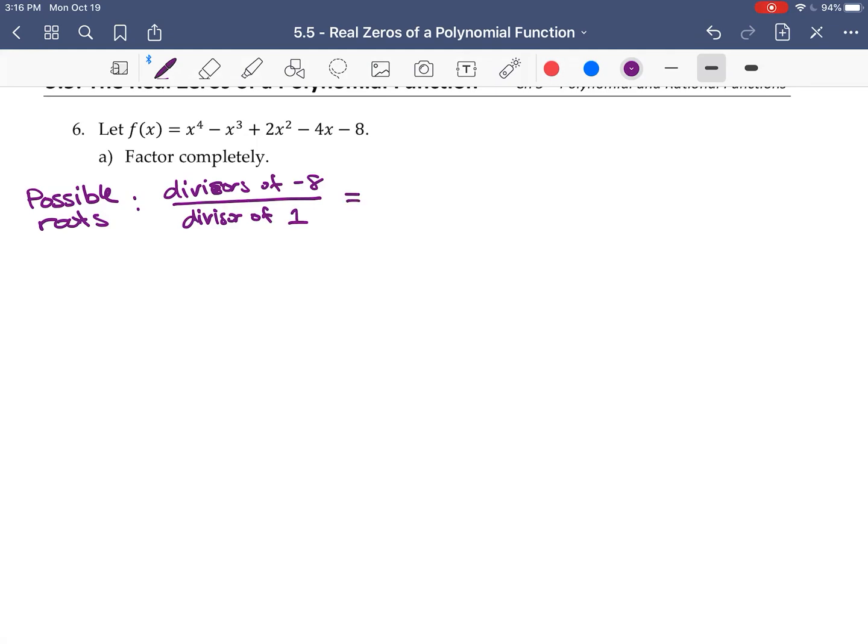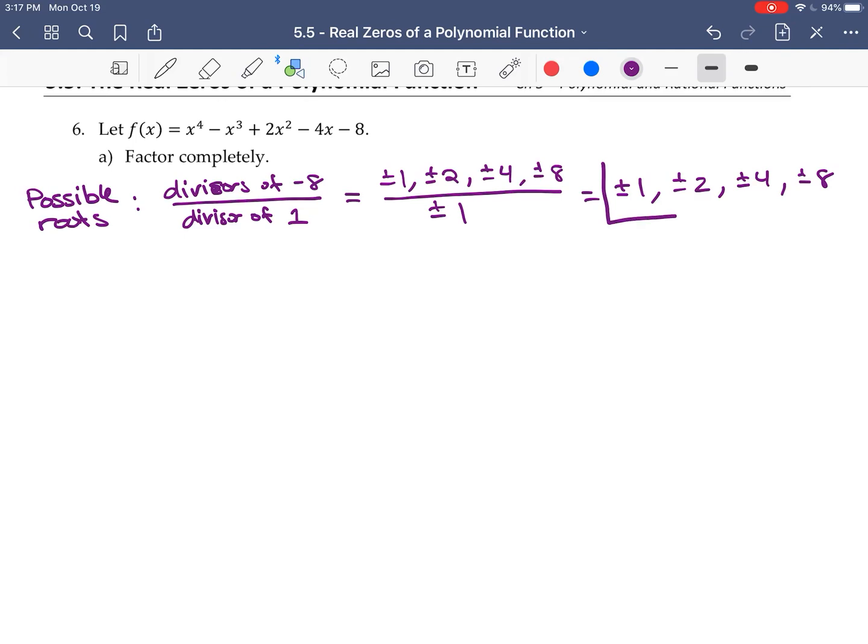Divisors of -8 are plus or minus 1, plus or minus 2, plus or minus 4, and plus or minus 8, and divisors of 1 are just plus or minus 1. So here we have only integer possible roots: plus or minus 1, plus or minus 2, plus or minus 4, plus or minus 8. Those are our possible roots.